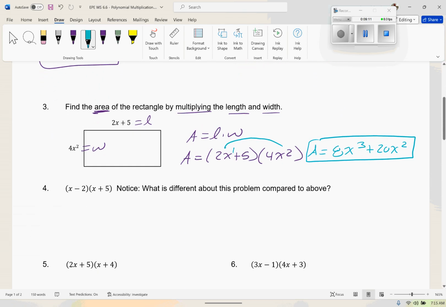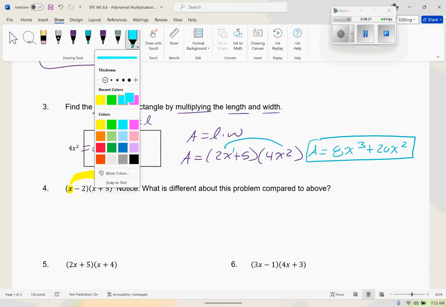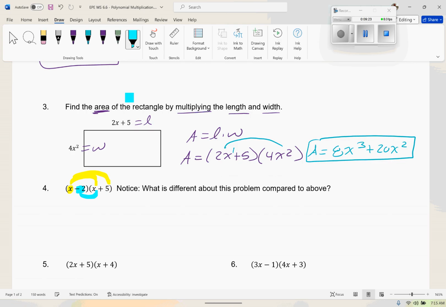Okay, so now we have to start double distributing. So I'm going to multiply this x here and here, and then I'm actually going to multiply this negative 2 here and here. Let's go ahead and do that math. So x times x to the first is x to the second.